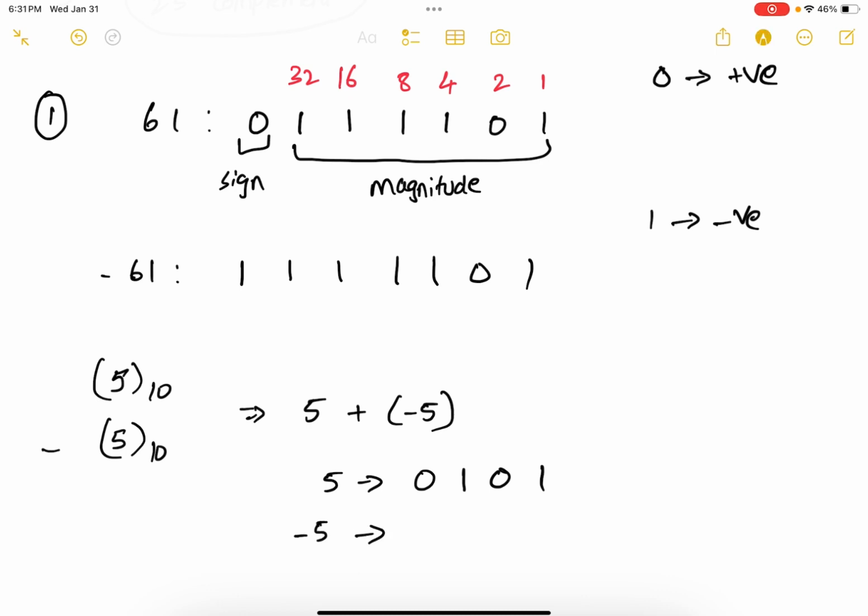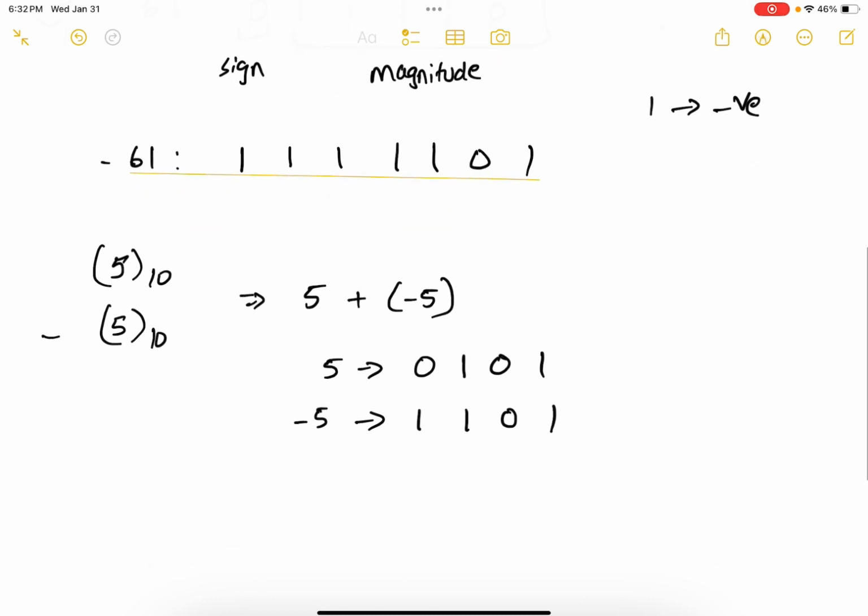Minus 5 would be 1, 1, 0, 1, so sign and the magnitude. Let's try to add it up. 1 plus 1 is 0 carry 1, 1, 0 carry 1, 0, and let's ignore the carry out.